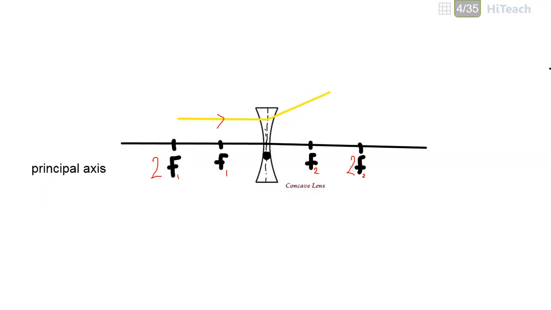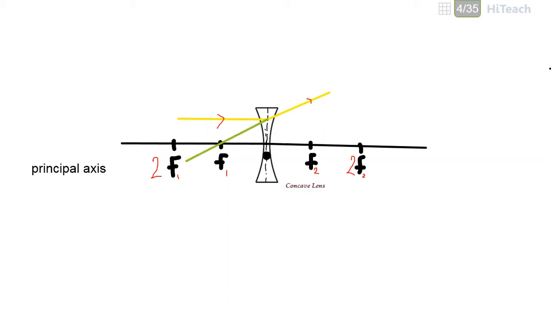Okay, but look at the direction. But it appears like, I'll use a different color to show you how it appears. It appears like it's passing through the focal point.